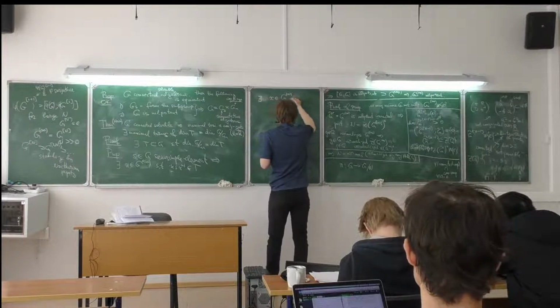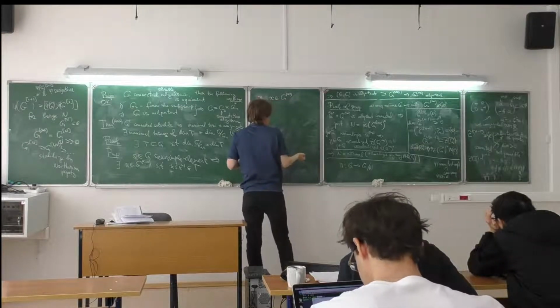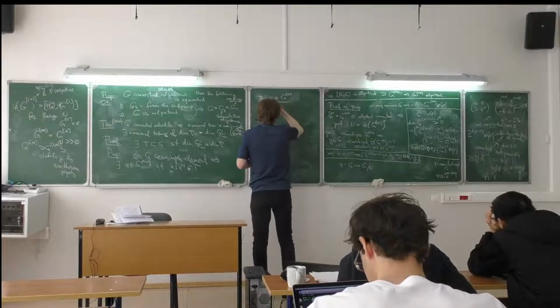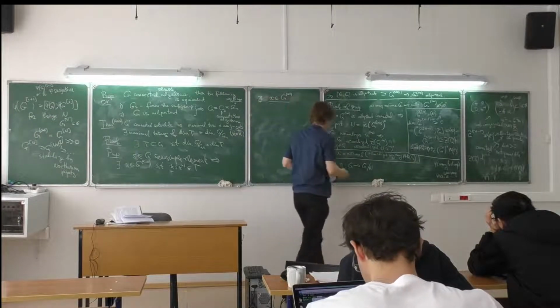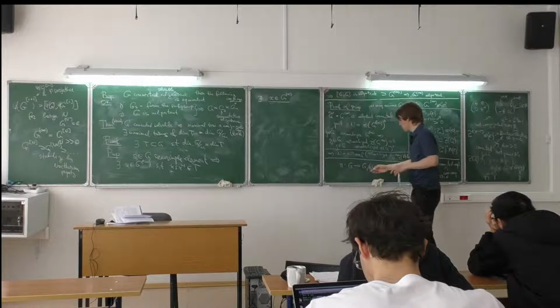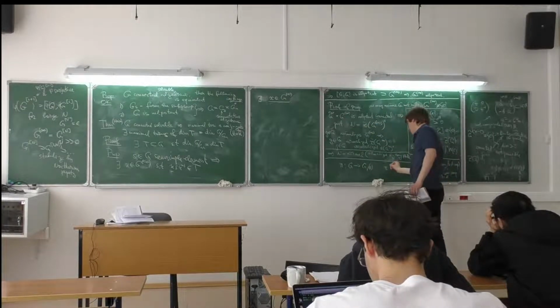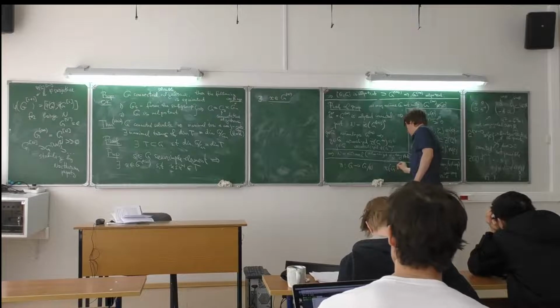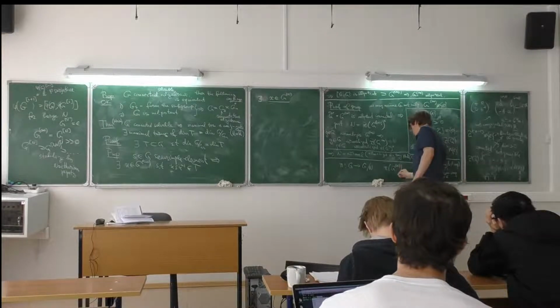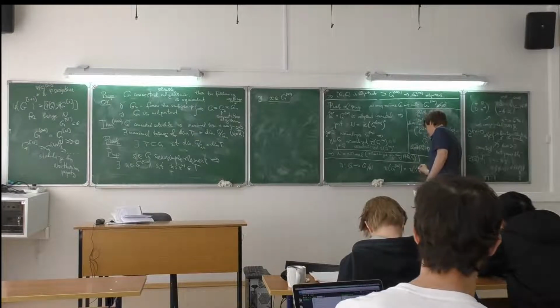So this means that there exists the element for G. Notice that under surjective homomorphisms, as we have noted, pi of G infinity maps to pi of G infinity.